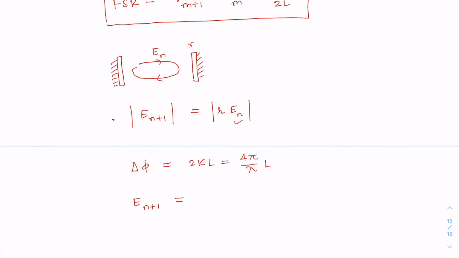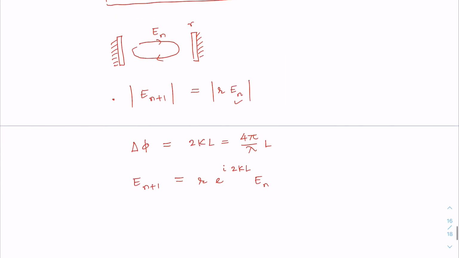So if I take phase also into account, then you will have R e to the power i2kl into En. So this is what we are going to get.